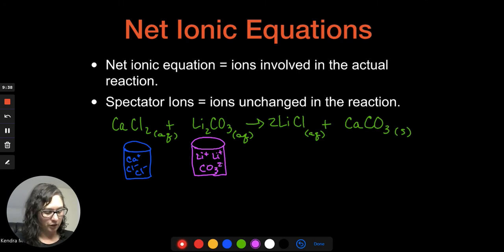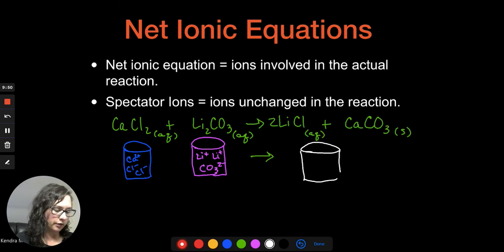Okay. I guess I should have put a 2+ on the calcium. All right, so on the other side, when these change, what are we left with? We are left with 2 lithiums that are in their ionic form. We're left with 2 chlorides, and then we're left with calcium carbonate, CaCO3, and that is the new thing that's formed.